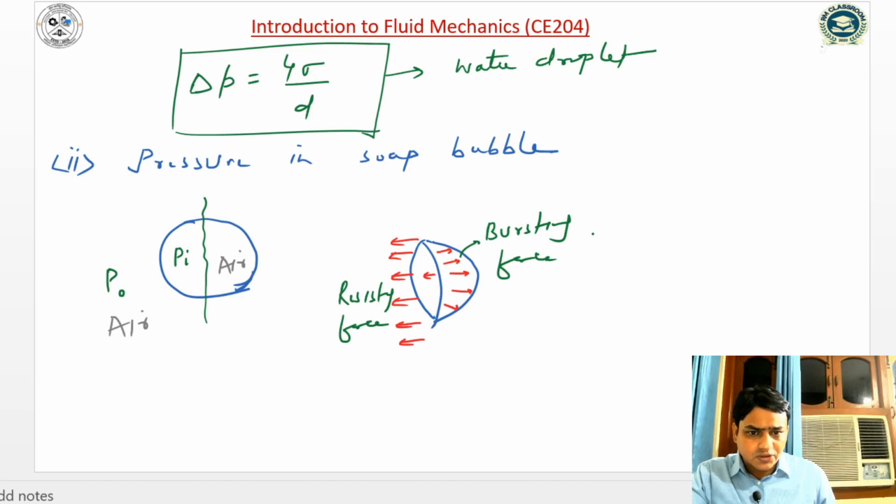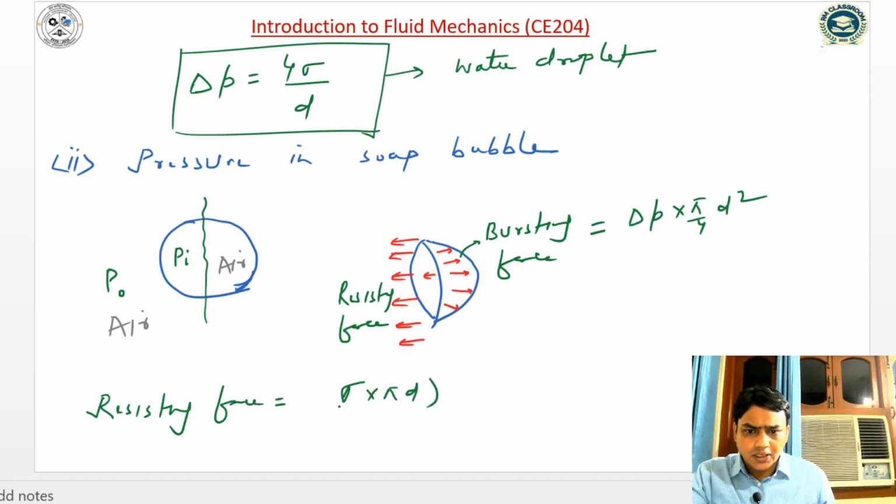So here the bursting force is equal to delta P into pi by 4 into d square, and the resisting force will be sigma into pi into d into 2 times.